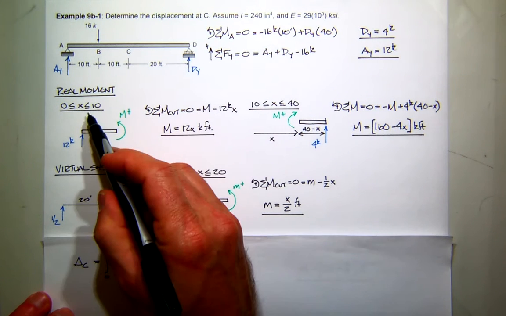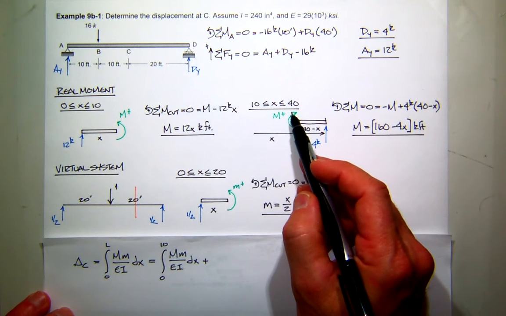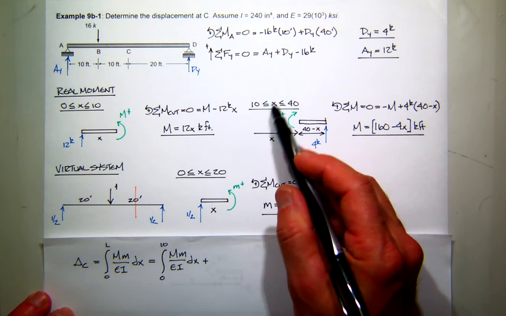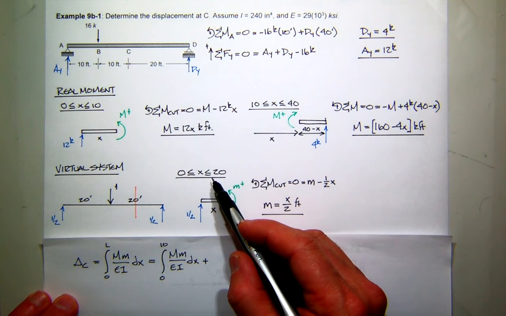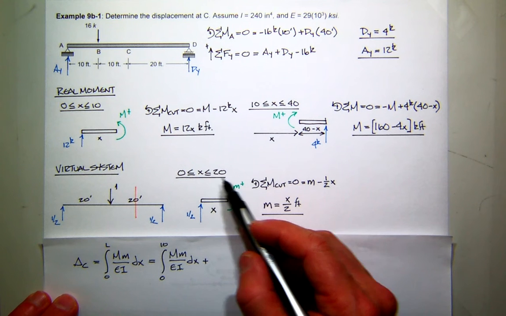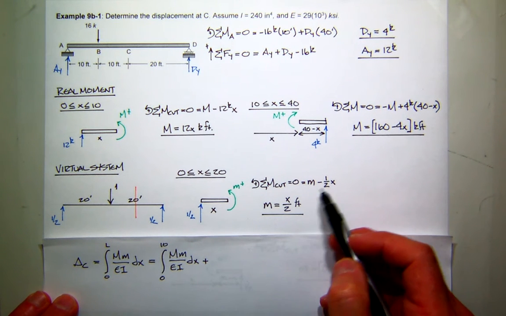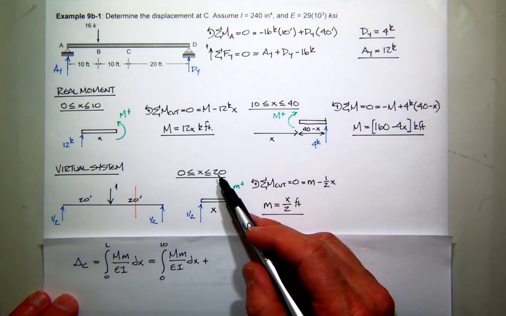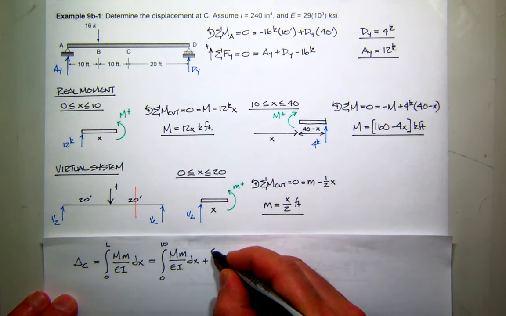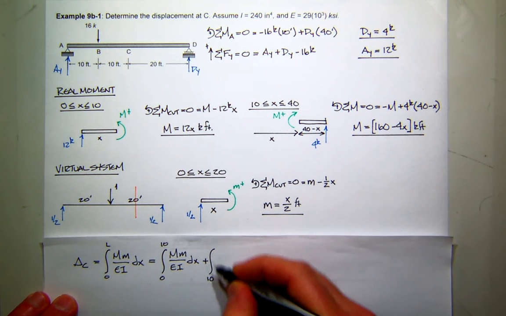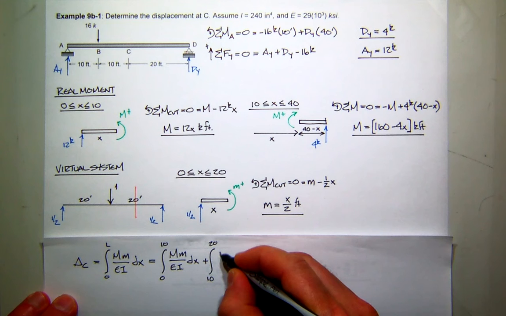Now, when I go from 10 to 40, I can use the same real equation, but my virtual equation is good only to 20. You see that? So now I've got to break that up from 10 to 20.